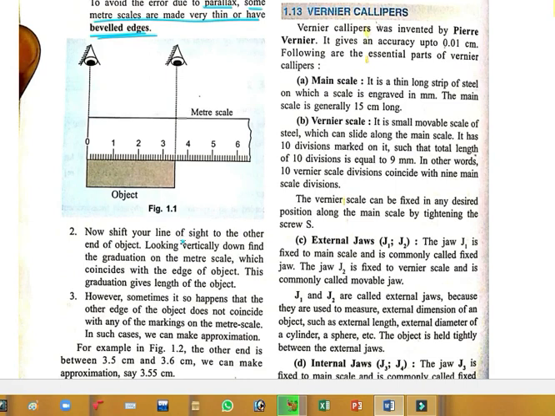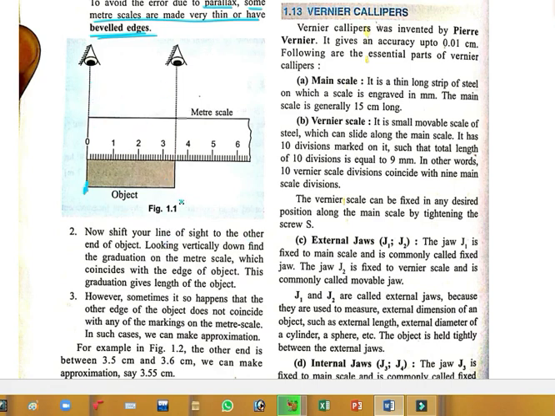Next, number 2: now shift your line of sight to the other end. Now we have to look at what length the object is measured. This was the object and this is the first end. So we have to take the 0 end towards the first end of the object. Okay, and then you have to shift the line of sight.